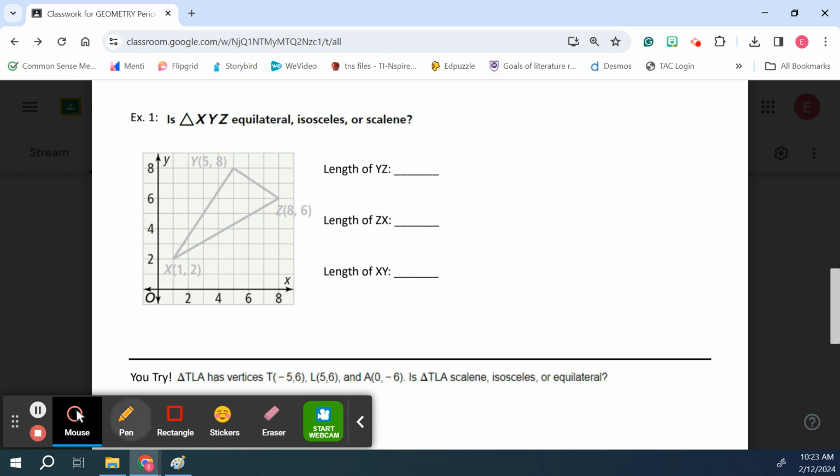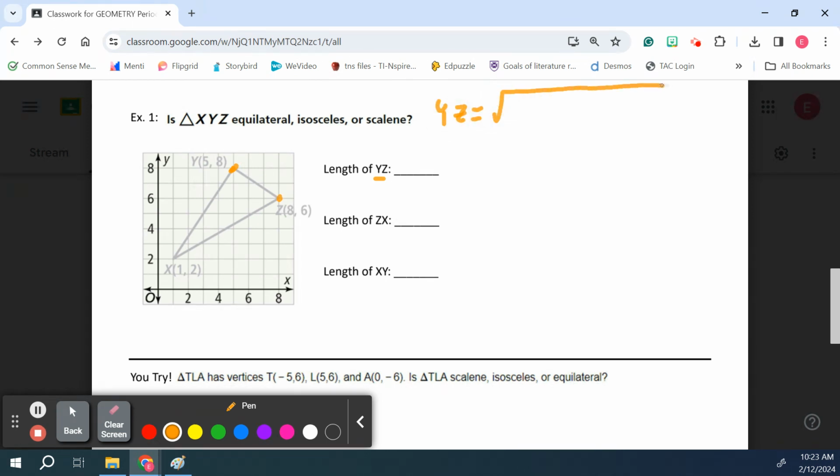So let's first take a look at YZ, which I'll complete in orange. So for YZ, here's Y, here's Z. I'm going to put that into my distance formula. So YZ is going to equal the square root of 8 minus 5 squared plus 6 minus 8 squared.